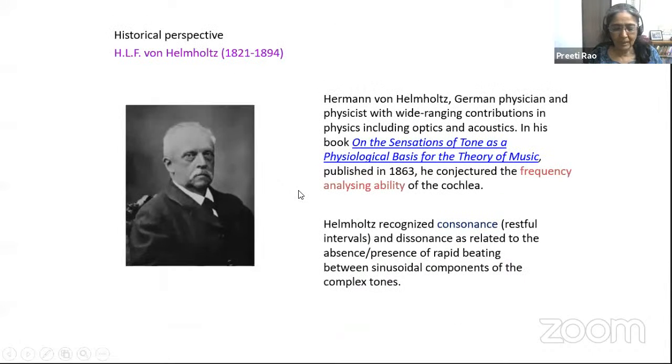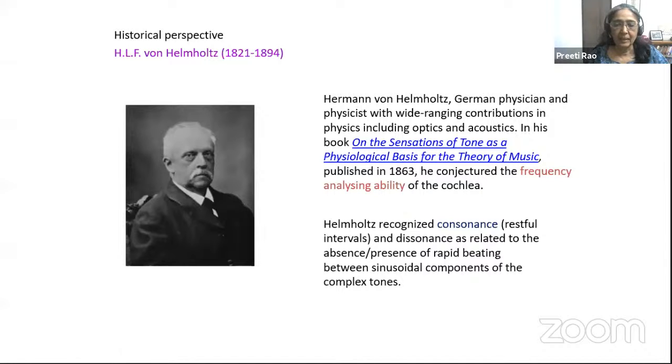Now, underlying this very fascinating aspect, that music across cultures, which probably never even interacted, came up with the same musical intervals that are considered suitable for producing music, we owe this explanation to Helmholtz, a very prominent German scientist who hypothesized that this is because of the frequency analyzing ability of the human ear, the cochlea.